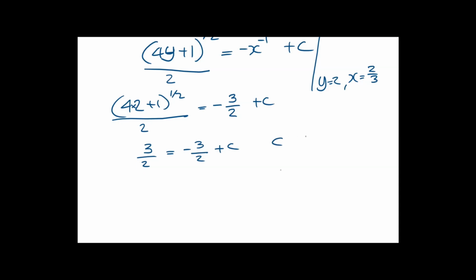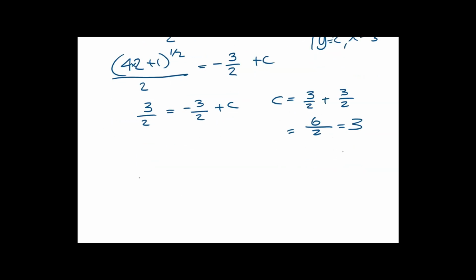So therefore c must be equal to 3 over 2 plus 3 over 2, which is 6 over 2, which is 3. So our complete solution now is going to be the square root of 4y plus 1 over 2 is going to be equal to negative 1 over x plus 3. We're not quite done yet.